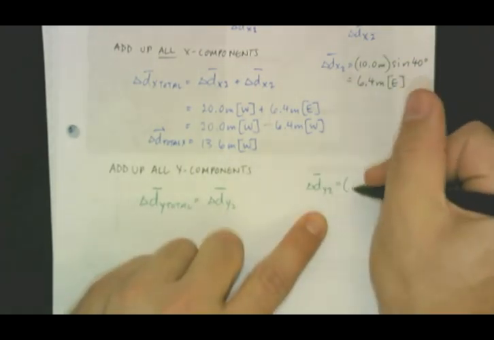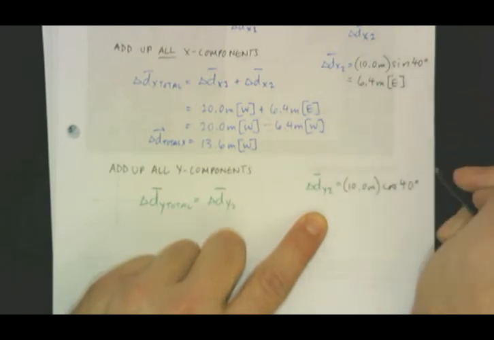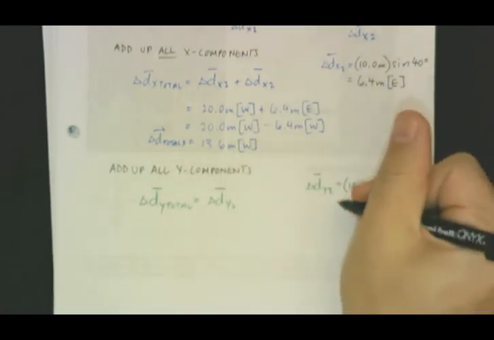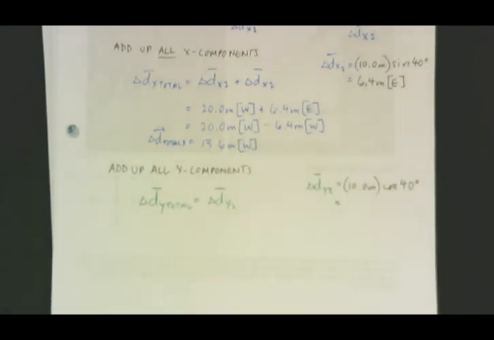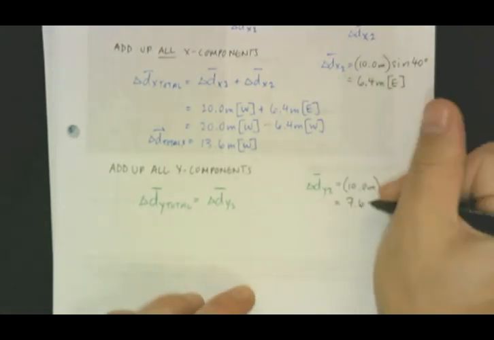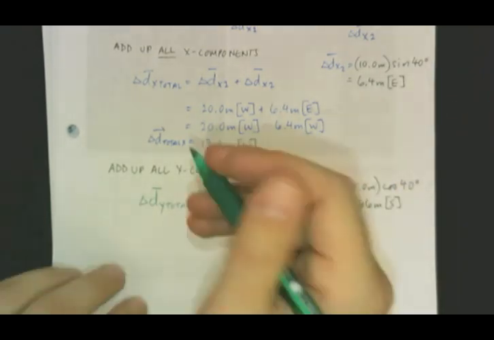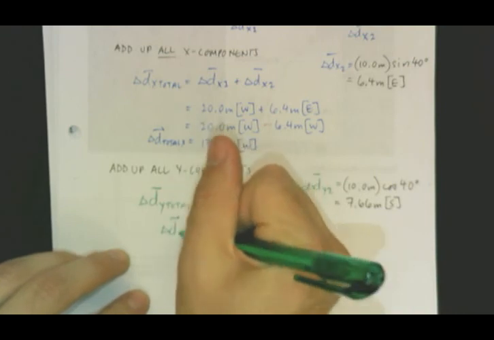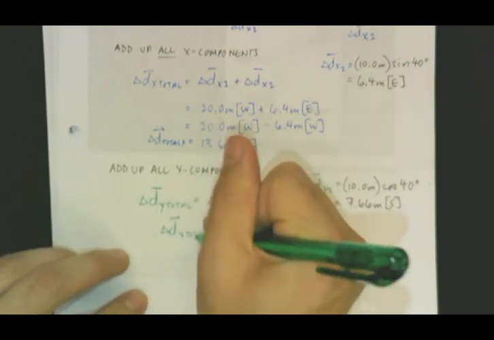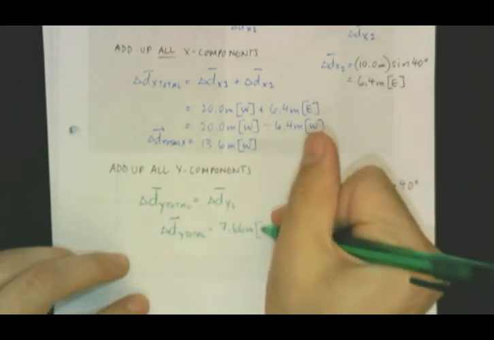So I can quickly write 10.0 meters times the cos of 40 degrees. Punch this into your calculator and tell me what you get. Alex? 7.66 meters north. Wait, I mean south. Good. 7.66 meters south. So the total y is 7.66 meters south.